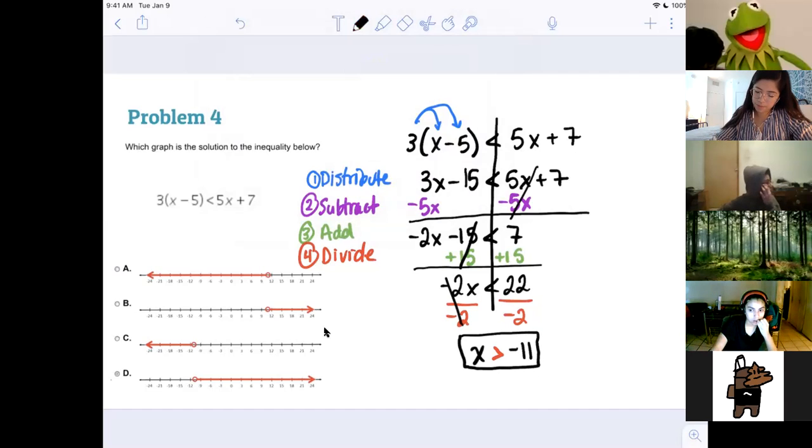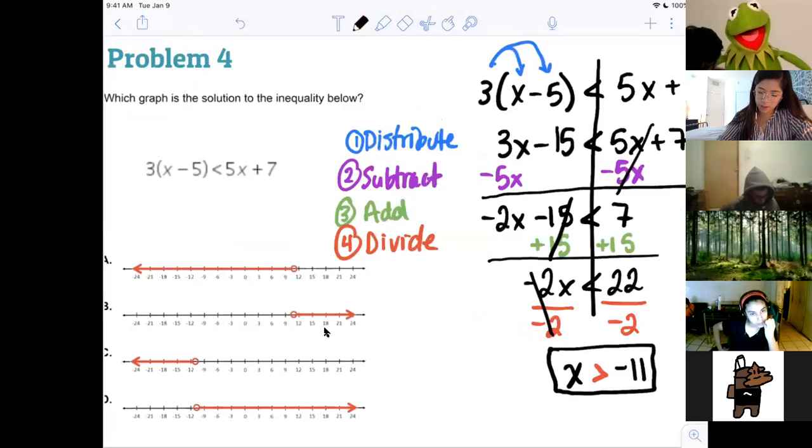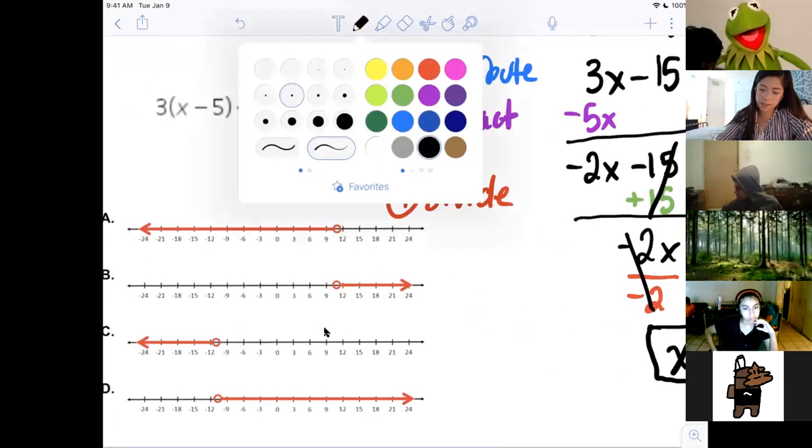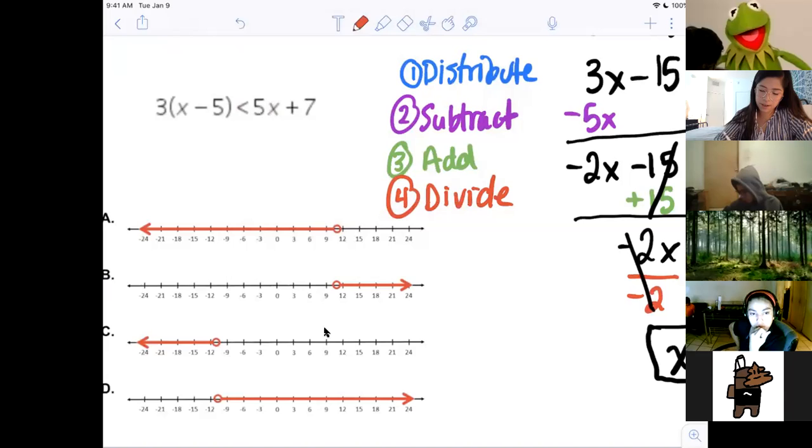It's D. Good. And so we see that, look at all these graphs, they all have not a closed circle, but they all have an open circle. And that's because my sign is a greater than sign, not greater than or equal to. If it had the bar underneath it, if it was greater than or equal to, all of these would be closed dots.